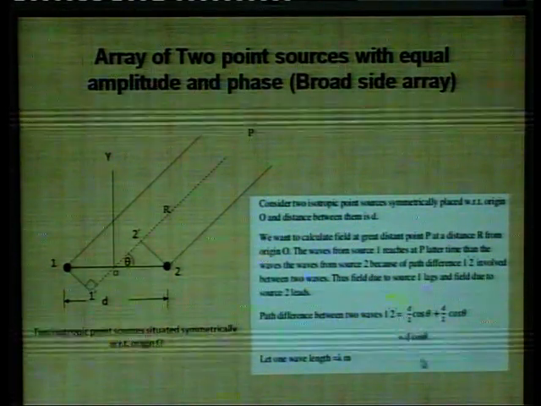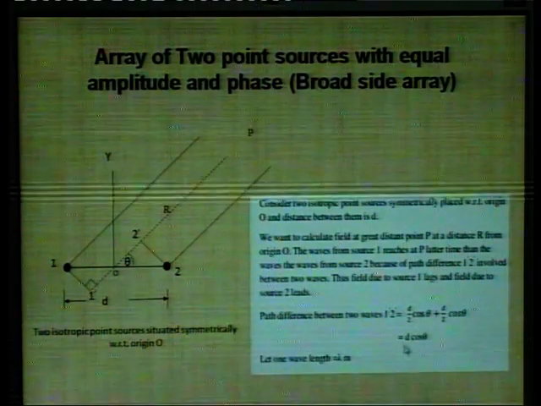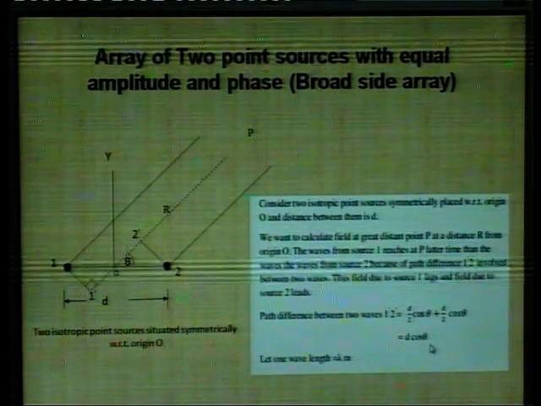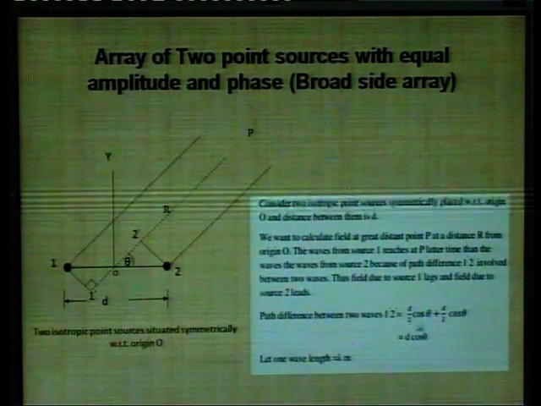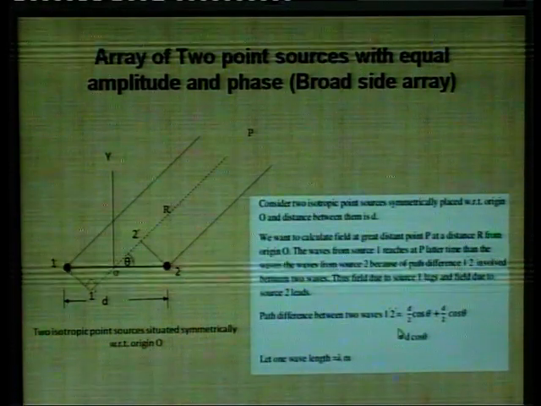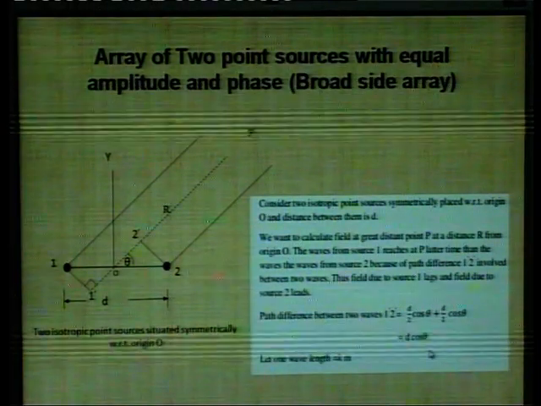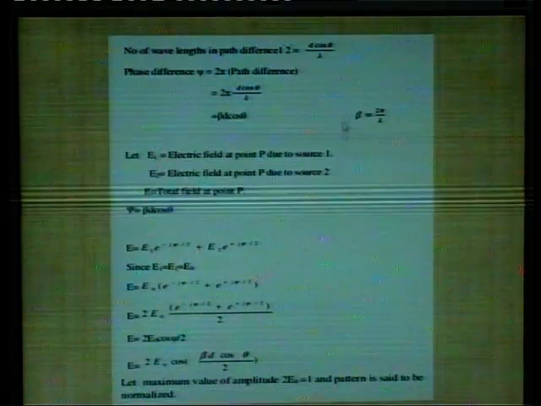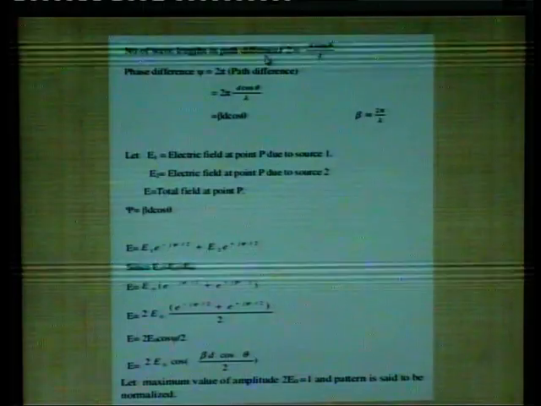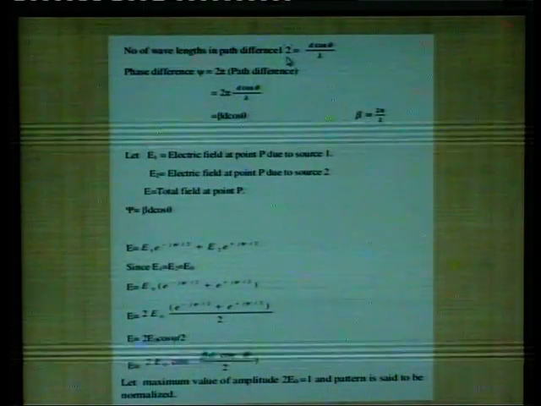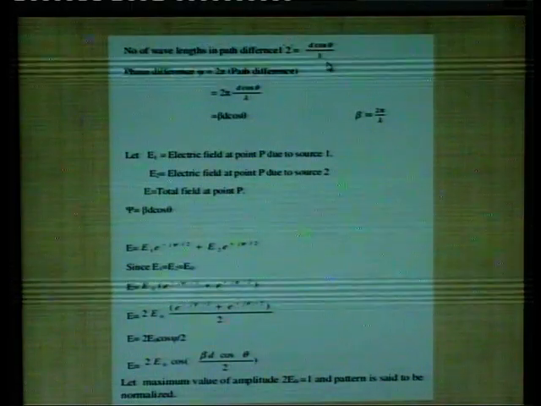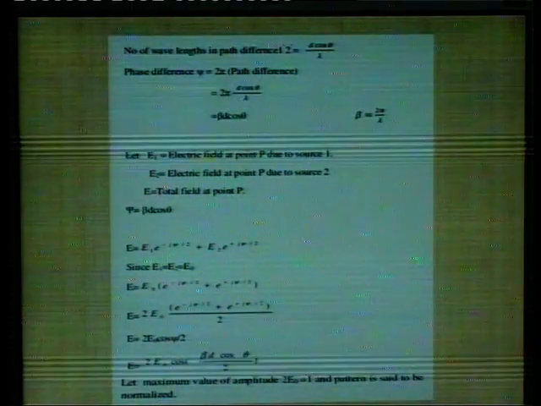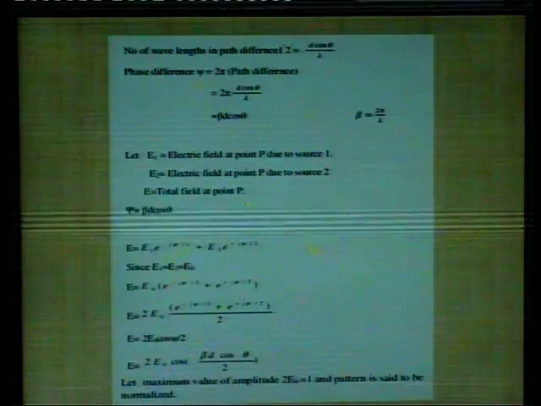We divide d cos theta by lambda. So the number of wavelengths in the path difference will be equal to d cos theta by lambda. One wavelength corresponds to a phase shift of 2 pi.